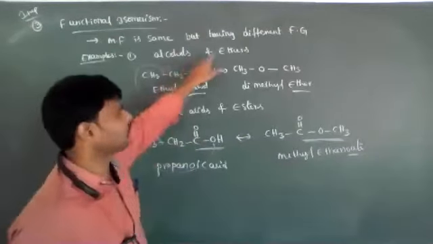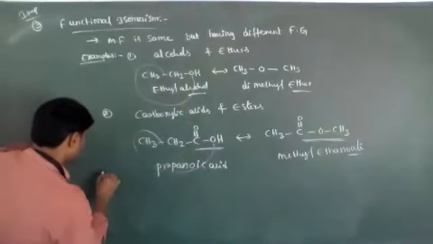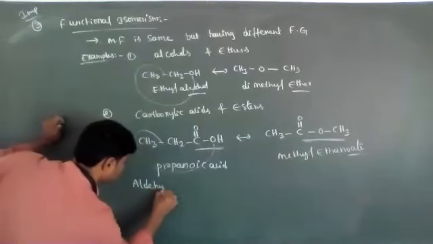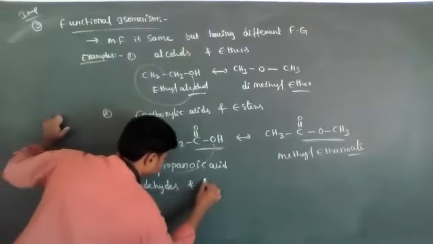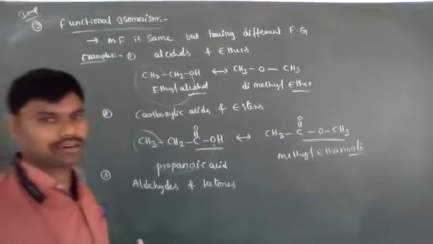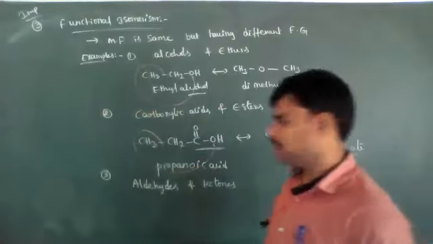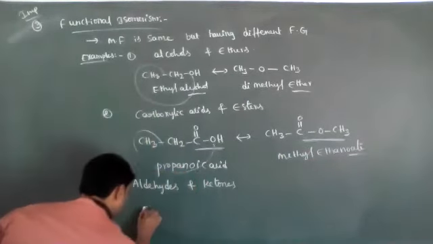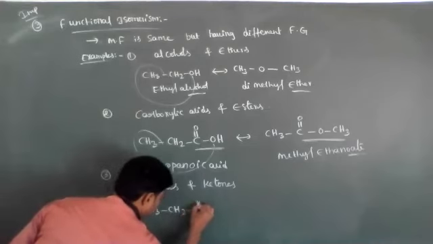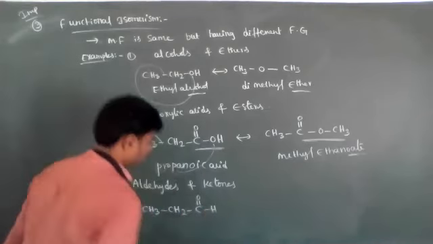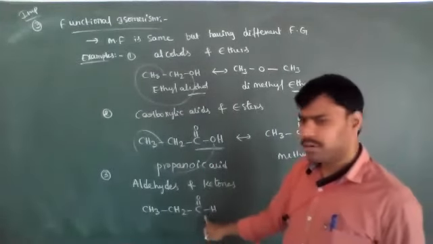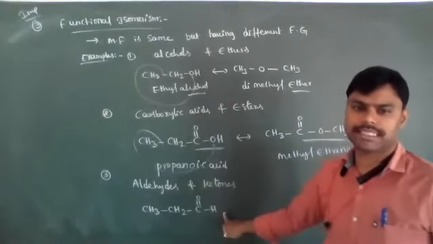The same way alcohols and ethers. And one more is aldehydes and ketones. Aldehydes and ketones are also functional group isomers. Let's see one example. Three carbons containing aldehyde, with the C double bond OH functional group present, means it is an aldehyde.